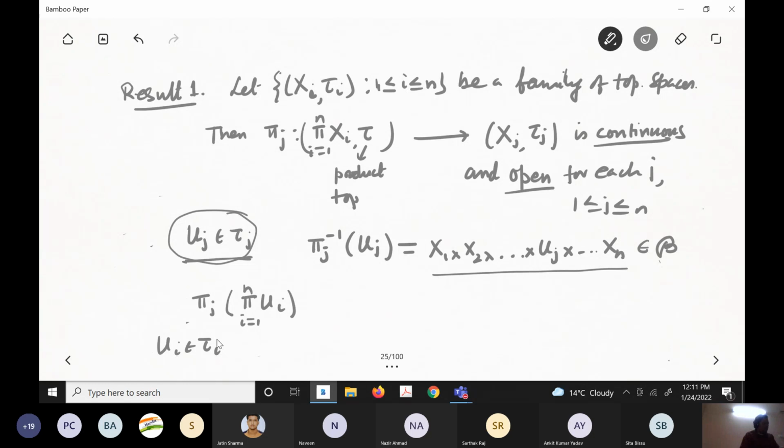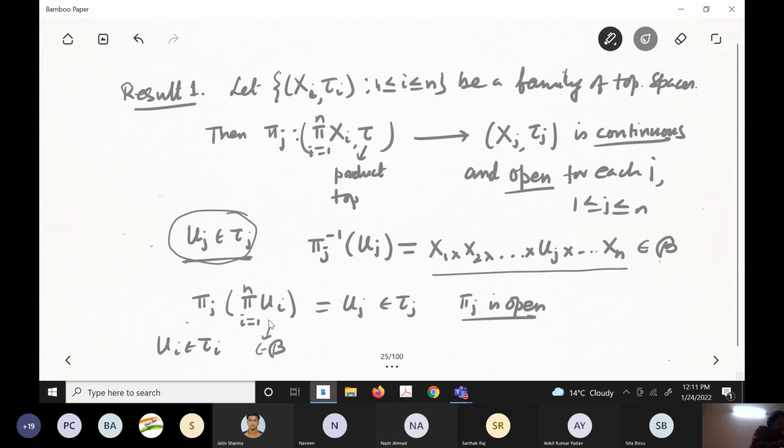Look, this is a basic open set, and the projection will precisely give you U_j. That is open. This is the proof, so pi_j is open. I have just proved the image of a basic open set is open.